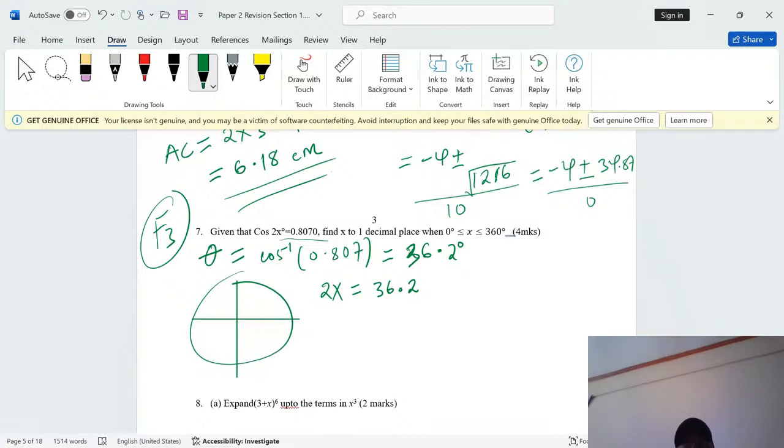And also an acute angle of 36.2 in any other quadrant where cosines are positive. In the first quadrant, we have all the angles. Second quadrant, only sines. Third quadrant, only tangents. And in the fourth quadrant, cosines are also positive. Therefore, an angle of 36.2 in the fourth quadrant is going to be 323.8.